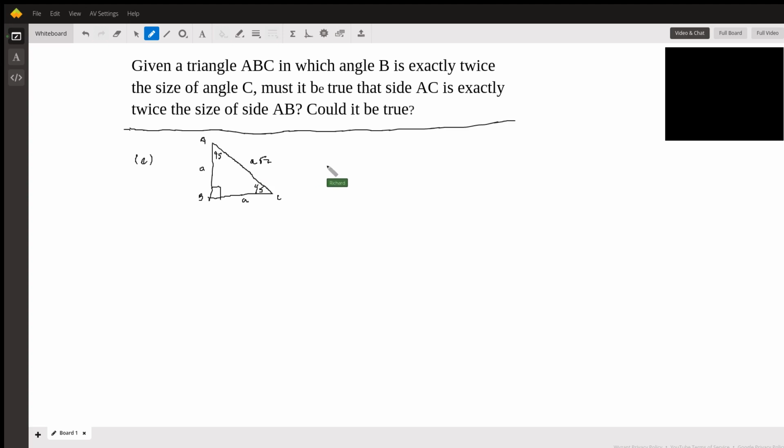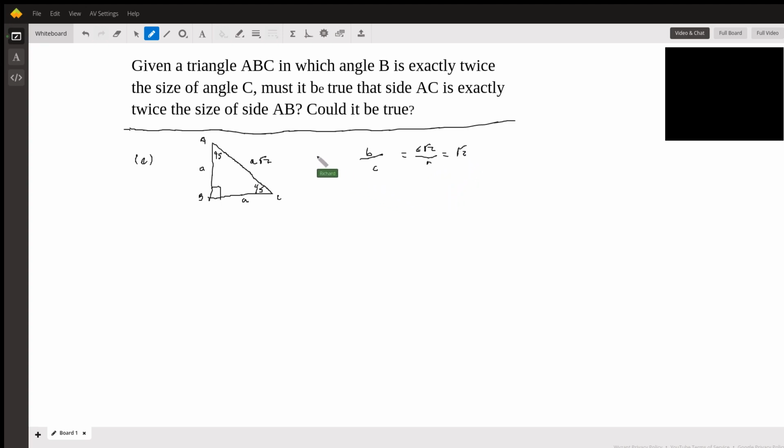And so obviously side b over side c is just going to be a root 2 over a. So the ratio here is the square root of 2.